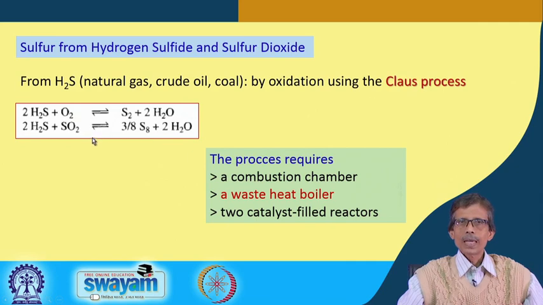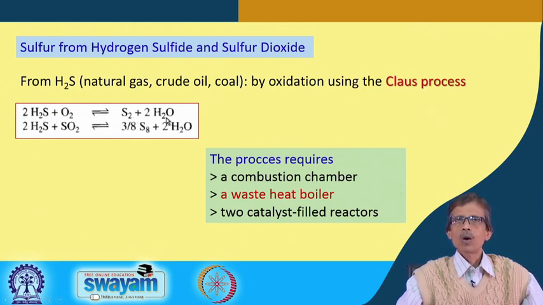From the chemical reaction point of view, the stoichiometric reaction of H2S with O2 in the first reaction has two molecules of H2S reacting with one molecule of O2, giving us S2 plus 2 molecules of water. So, it is possible to oxidize the sulfide ion by O2, giving us elemental sulfur as S2 for balancing the chemical equation.